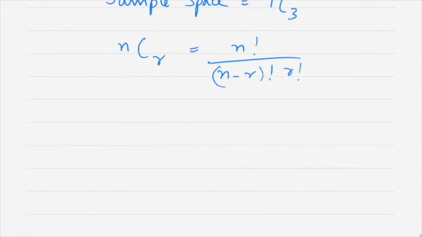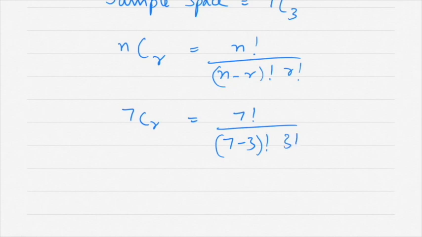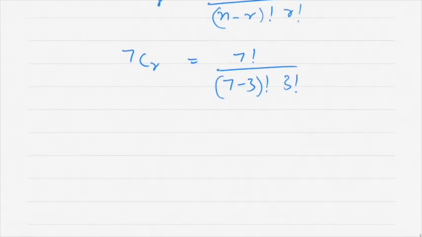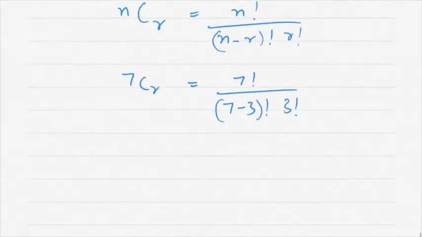So let's find out what is the sample space. So 7C3 is equal to 7 factorial divided by 7 minus 3 factorial, 3 factorial.